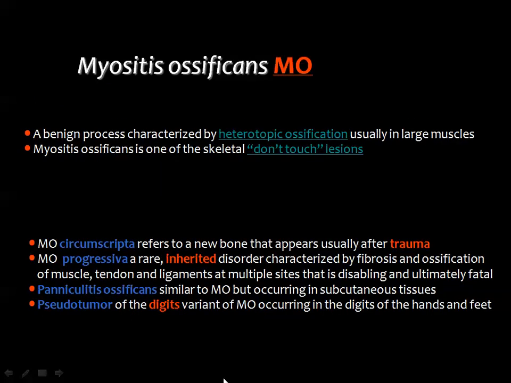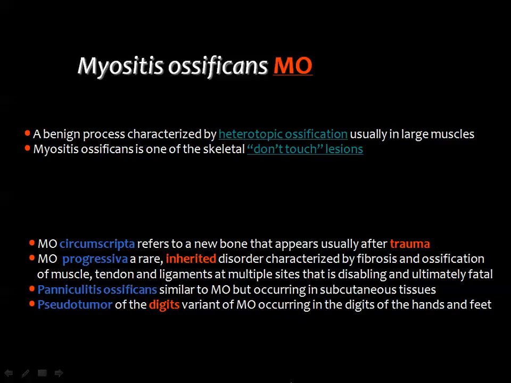And this is a very important issue, which is the post-traumatic myositis ossificans. This is a benign process which is characterized by heterotopic ossification, usually in the large muscles. And in the type of myositis ossificans circumscripta, there is usually a history of significant trauma.